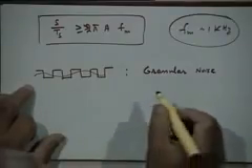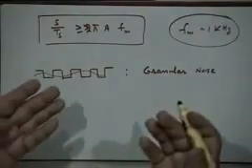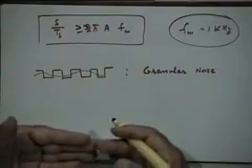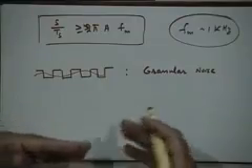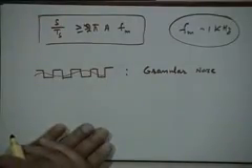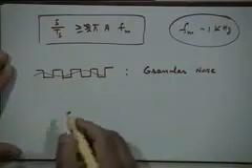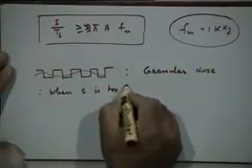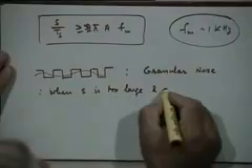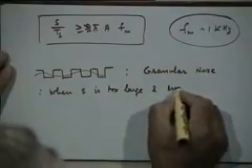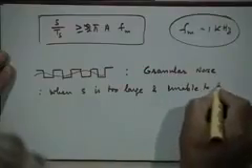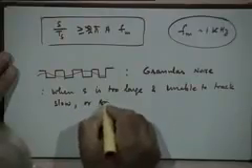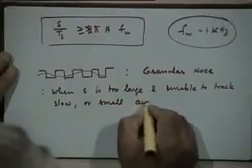So either we have a slope overload situation if the step size is too small, or we have a granular noise condition when the step size is too large. You have to choose a value which is a compromise between these two conditions. So this happens when S is too large and therefore unable to track very slow or very small amplitude variations.